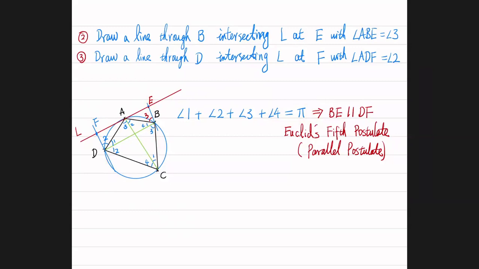What can we say about the quadrilateral B, D, F, E? What can we say about this quadrilateral?